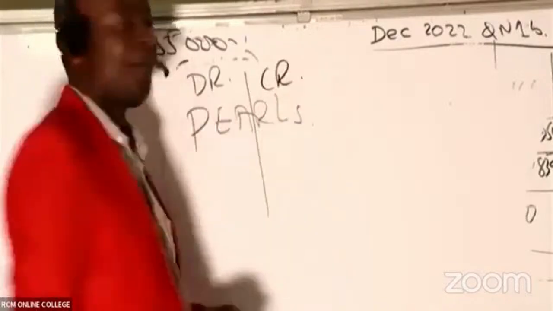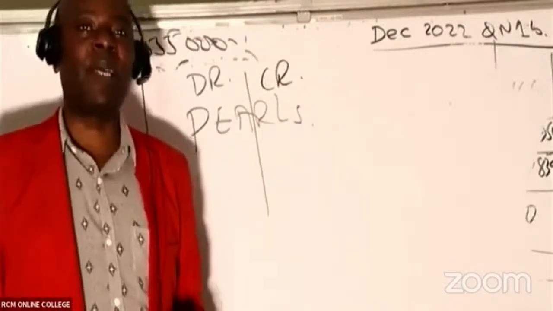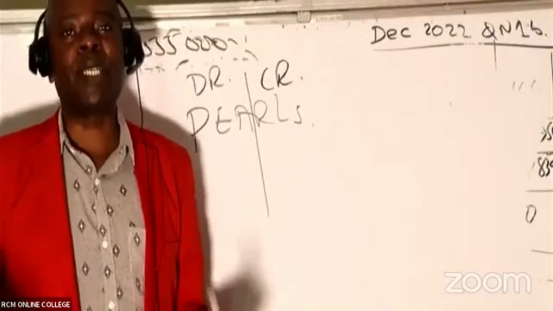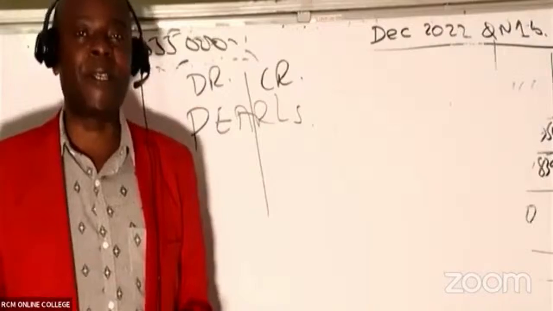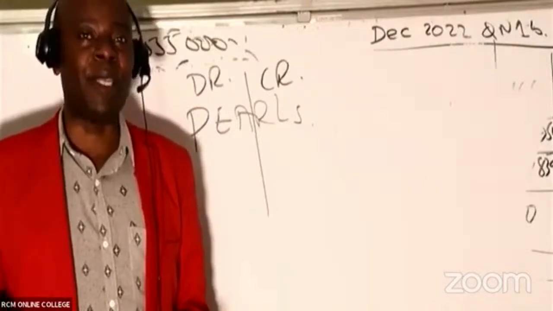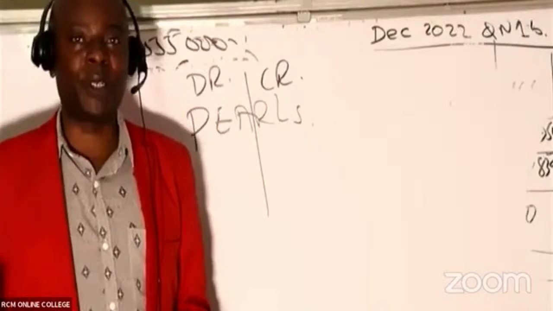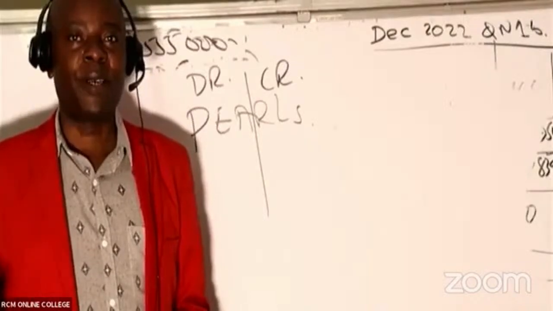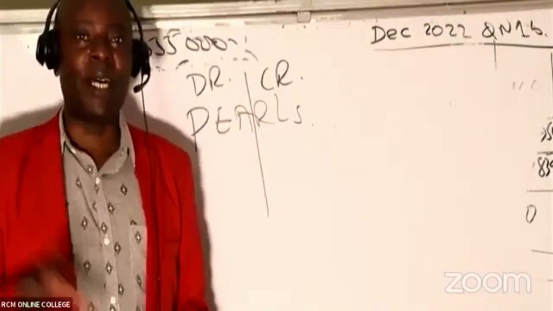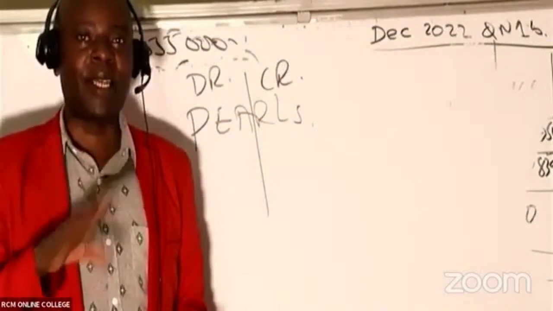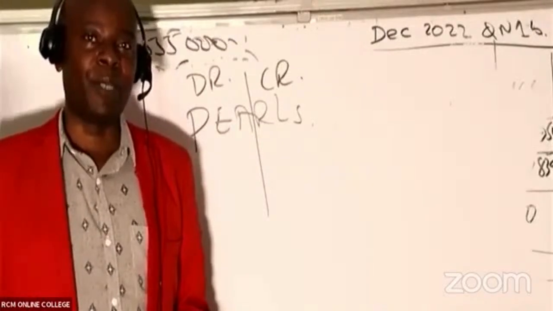So for example, depreciation is an expense, which automatically affects the income statement, and it affects the PPE. So whenever I have an expense called depreciation, if it's the total figure, I can take the total figure to the income statement. I will debit the P&L, and then I credit PPE, because depreciation is an expense.